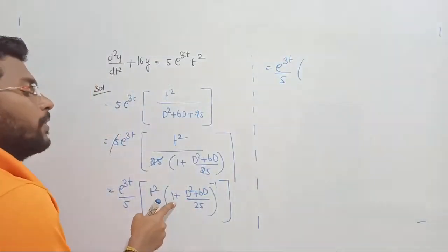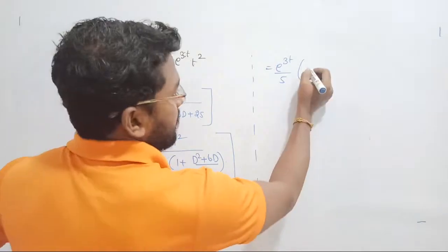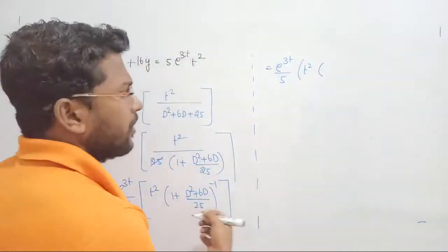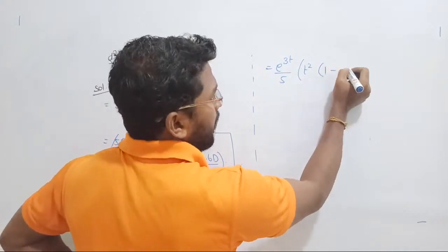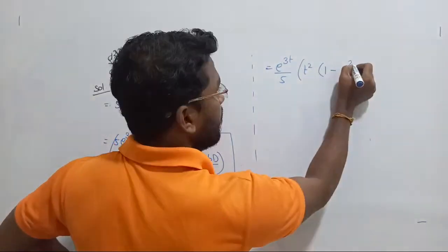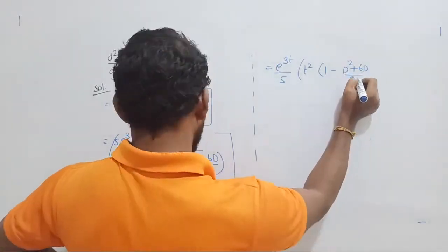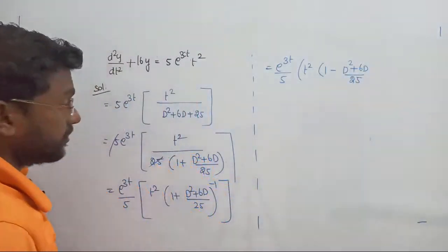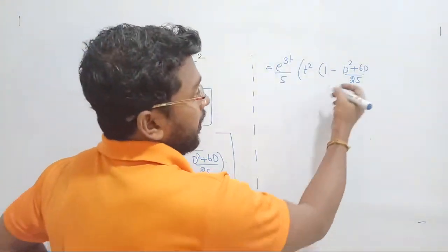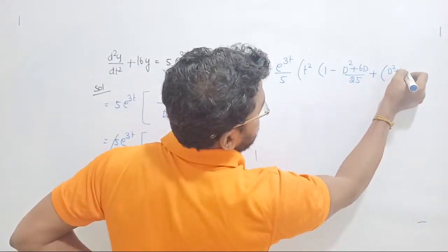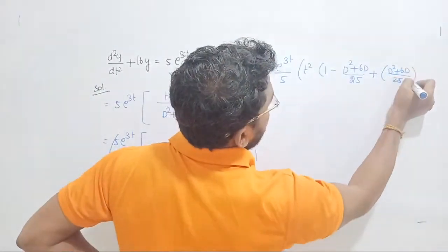See, 1 plus x whole inverse can be written as, keep t square outside, 1 minus x, where x is d square plus 6d upon 25. That is our x. So 1 minus x plus x square, that is d square plus 6d upon 25 whole square.